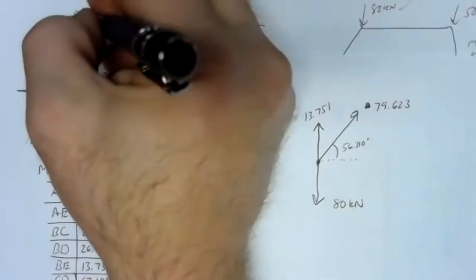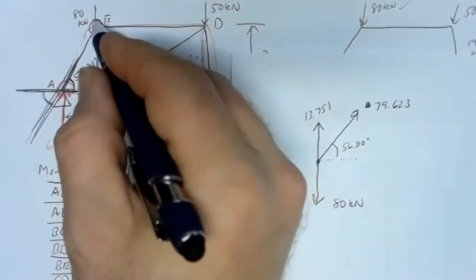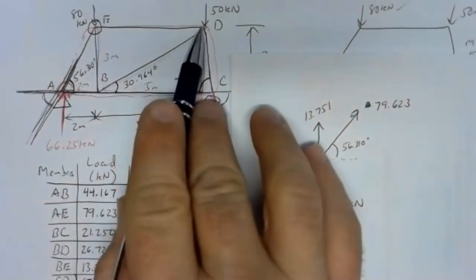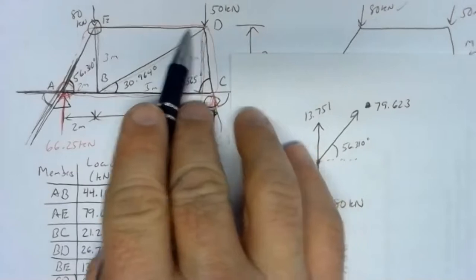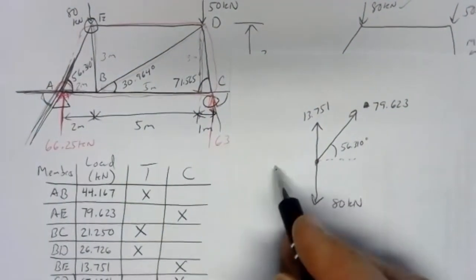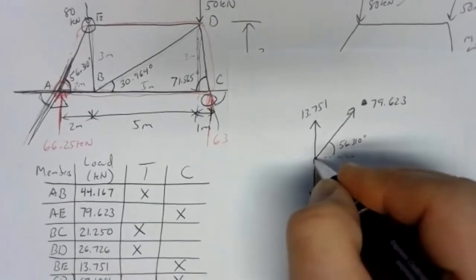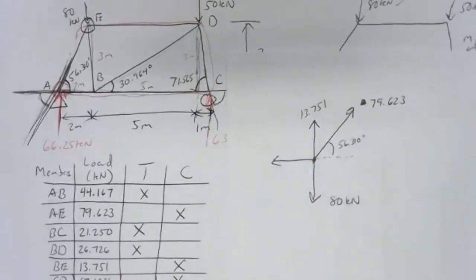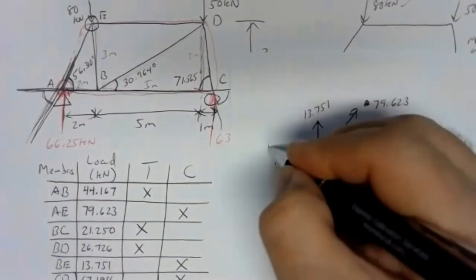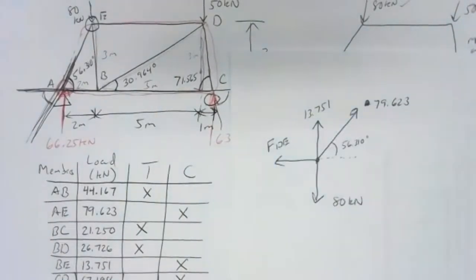And again, if you're not sure, make sure you draw that little circle and count up your forces. You've got 1, 2, 3, 4 forces. I've only got 3 in my free body diagram, so I must have missed one. And it's member DE. Member DE exerts a force either to the right or to the left. The only one that makes sense from what we've already drawn is to the left. It's the only way we're going to get a 4-way tug of war that no one is winning. So that's member DE.